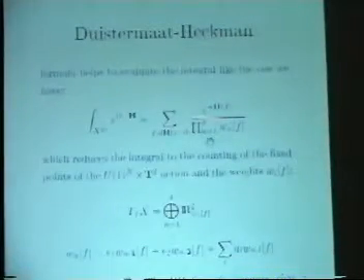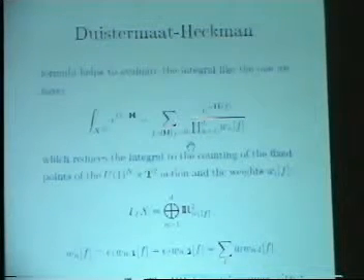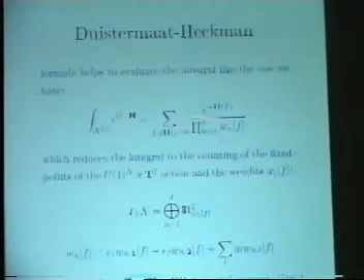And that is exactly the context in which one can apply the so-called Duistermaat-Heckman formula, which reduces the calculation of that type of integrals to accounting of the fixed points of the group action.